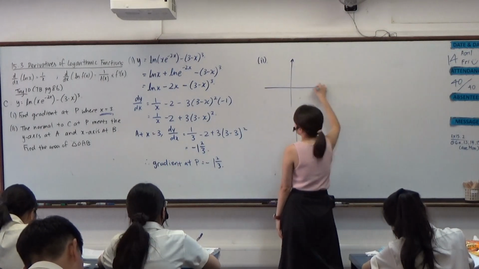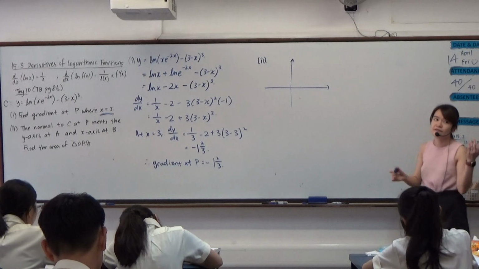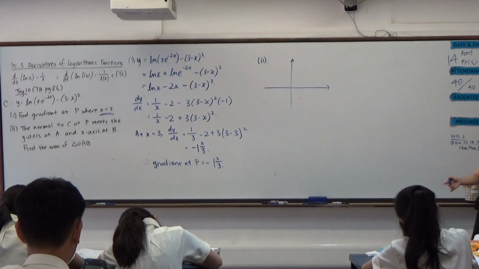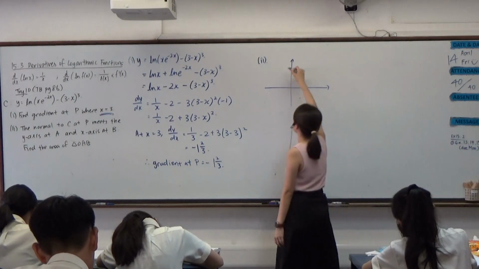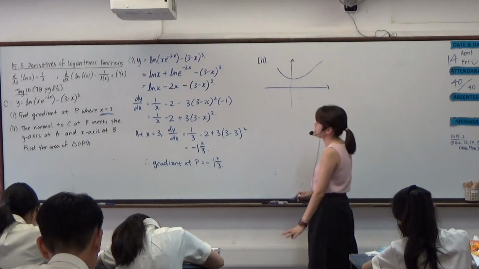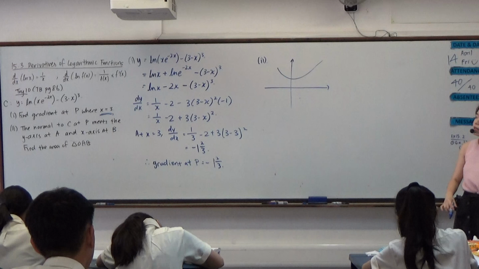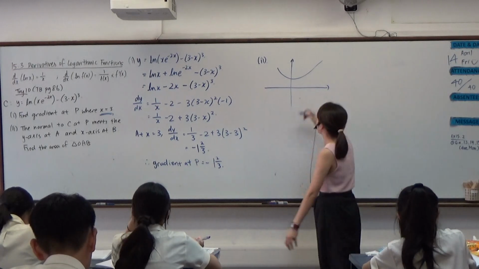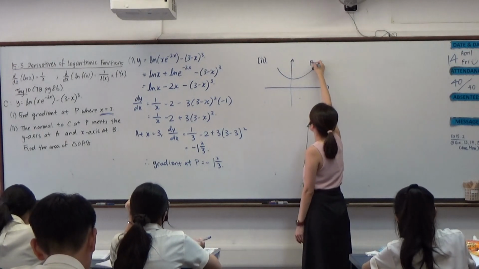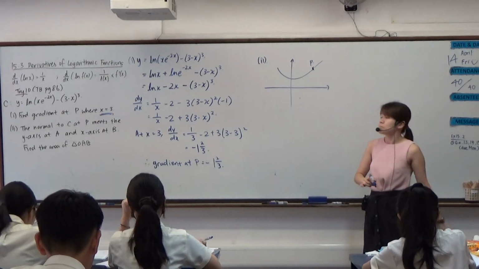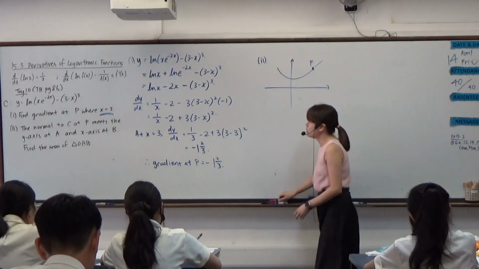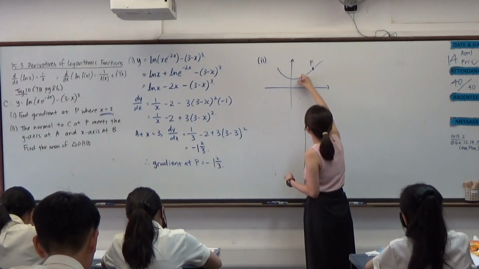I honestly do not know how this graph looks like, so I'm just going to draw a random curve. I don't even know whether this curve works. Then we know that point P is when x equals 3, so let me call this point P. We know how to identify the tangent.